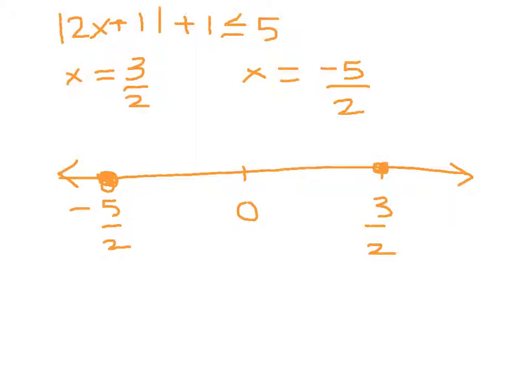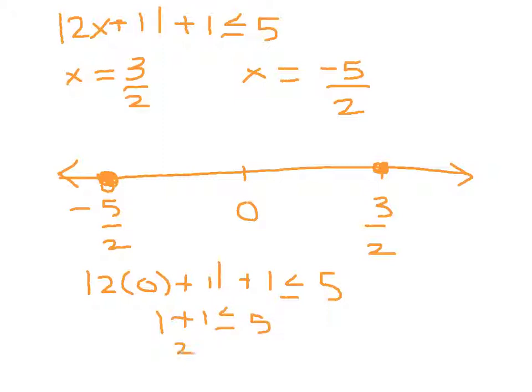If I plug 0 in, I get the absolute value of 2 times 0 plus 1 plus 1 is less than or equal to 5. So this gives me 1 plus 1 is less than or equal to 5. Therefore, I get 2 is less than or equal to 5. And that's true. So I know 0 is a solution.